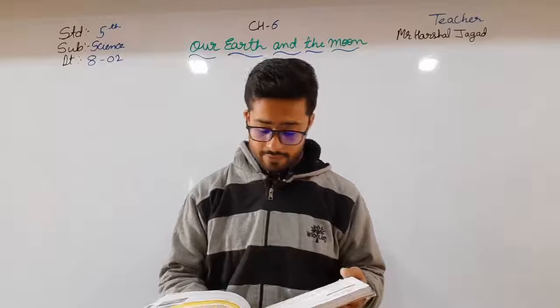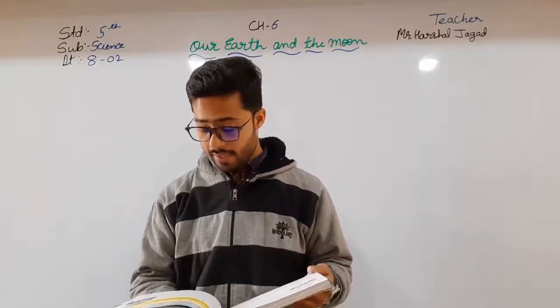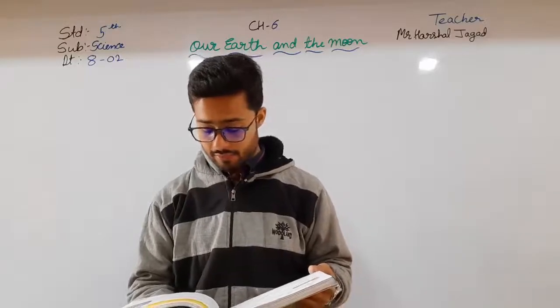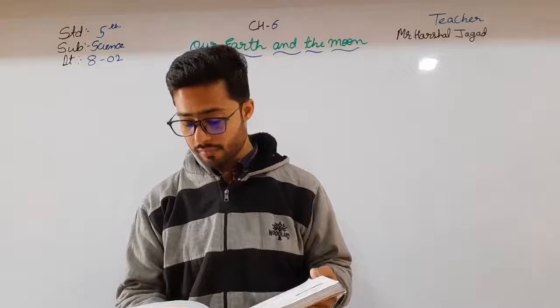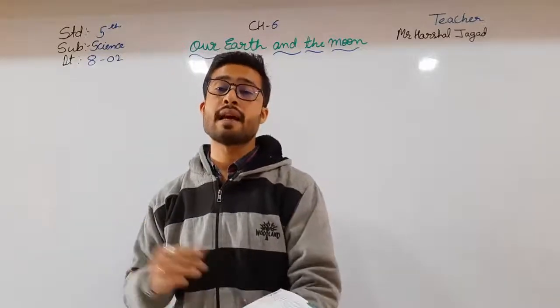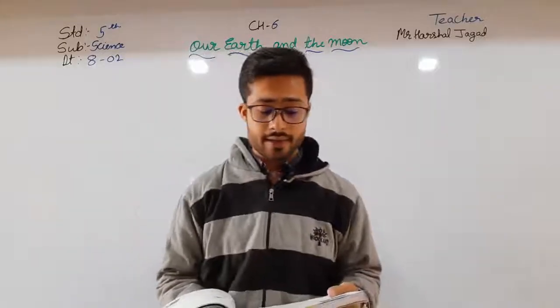We now know that the moon's surface is heavily pitted with craters made by meteorites. Scientists first thought that the dark portions of the moon were seas, and then named them Maria.